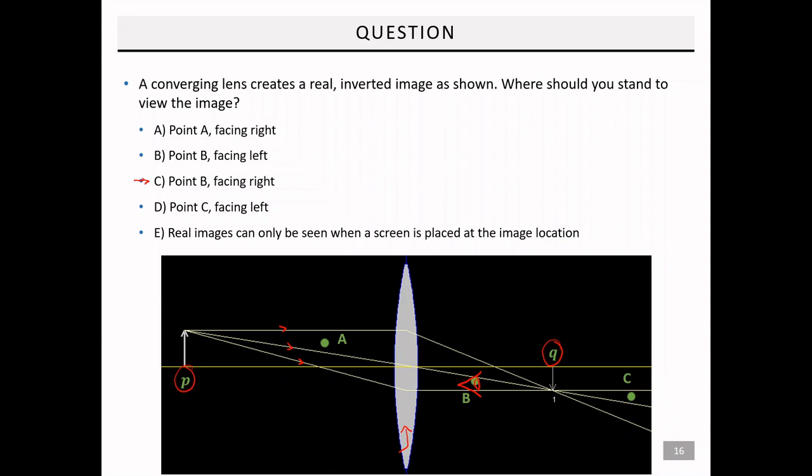If you're in this position, you are looking toward the image location, but note that all of the light rays that are coming from the object are not entering your eye. They are instead hitting you in the back of the head. So that hint tells you that the light rays actually have to be entering your eye somehow. So think about that, try to figure out the answer, and I will tell you in one of our meetings.